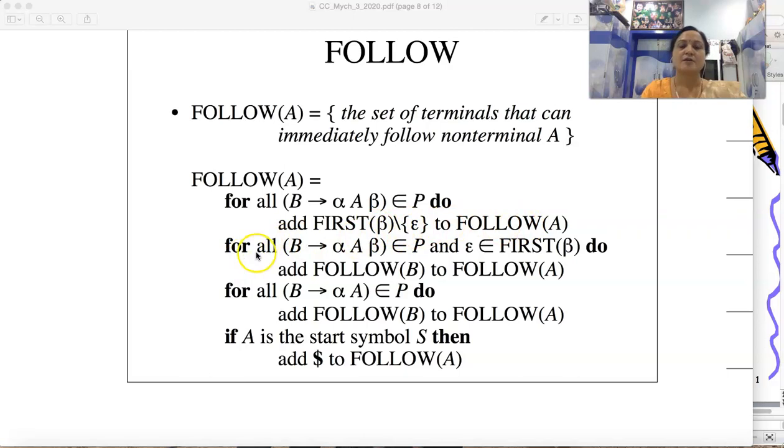Take another case for all B tends to alpha A beta. If this kind of production is there in the set of productions and epsilon is in first of beta, it means beta can remain absent.